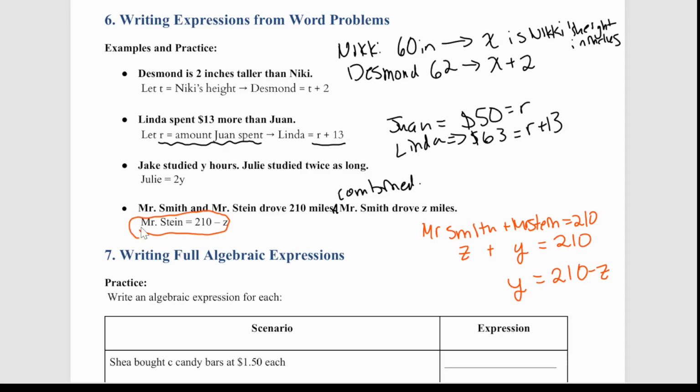Mr. Stein would be 210 minus Z. Another way that doesn't involve equations so explicitly is you could just think it's implied, therefore, that Mr. Smith's miles subtracted from 210 would have to be Mr. Stein's miles. However you best want to think of it, oftentimes we do want to write something entirely in terms of one variable.